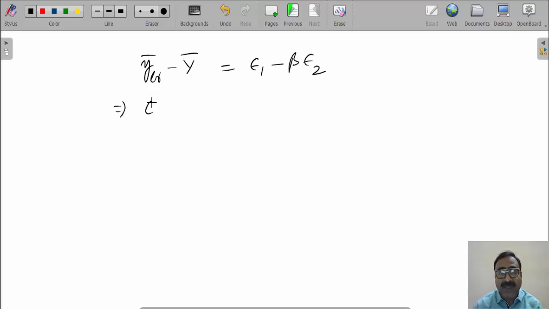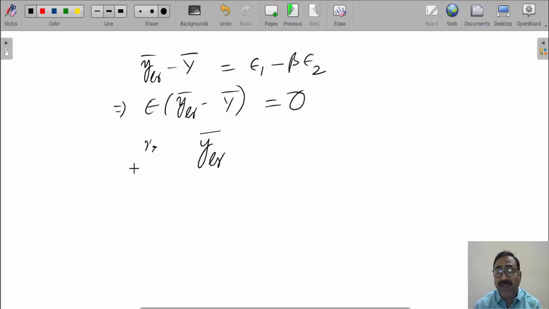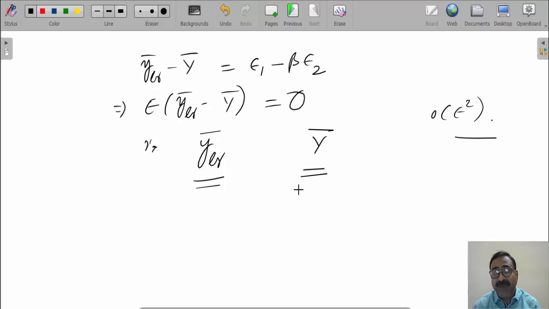So this implies expectation of YLR bar minus Y bar equal to 0. That is, the linear regression estimator YLR bar is an unbiased estimator of Y bar up to order of epsilon square only. Now neglecting the epsilons of order 2, we get YLR bar is an unbiased estimator of the Y bar.